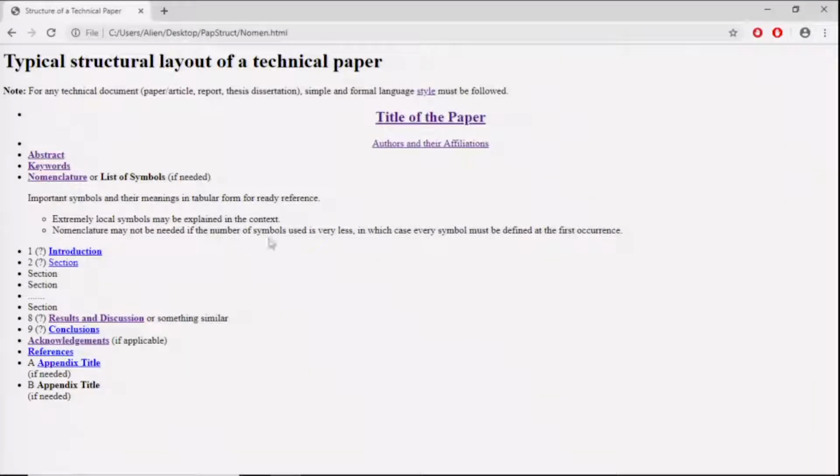Extremely local symbols can be explained in the context itself, and this entire nomenclature item may not be there in the paper if the symbols are not too many. If you do not put a nomenclature, then every symbol should be defined wherever it appears the first time.